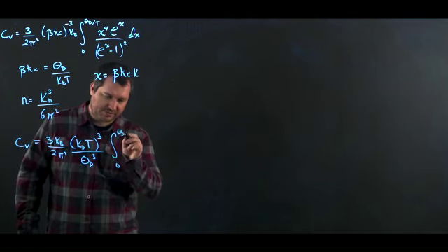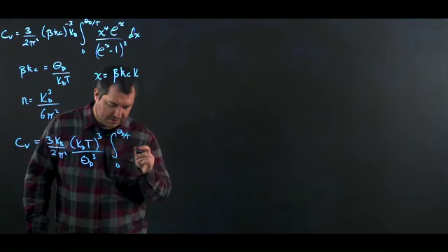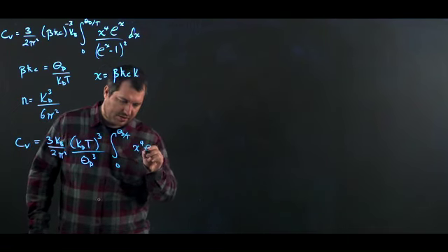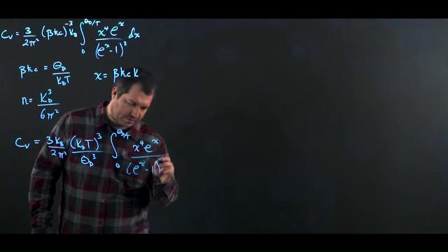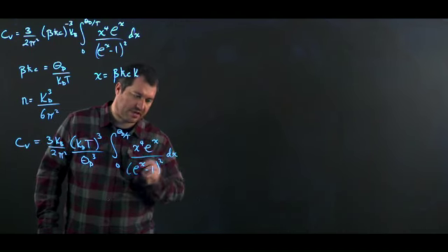This is all over the Debye temperature divided by T. I have x to the 4, e to the x of e to the x minus 1 squared dx.